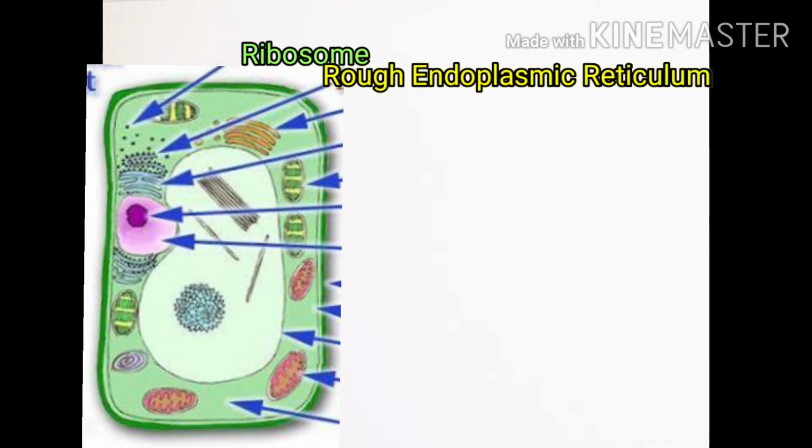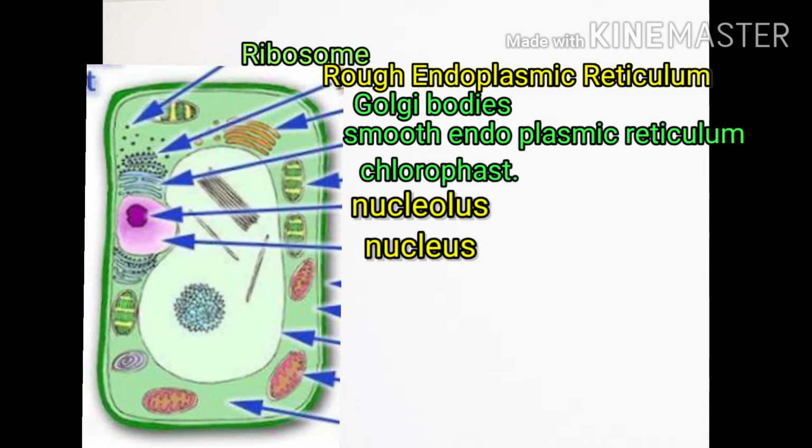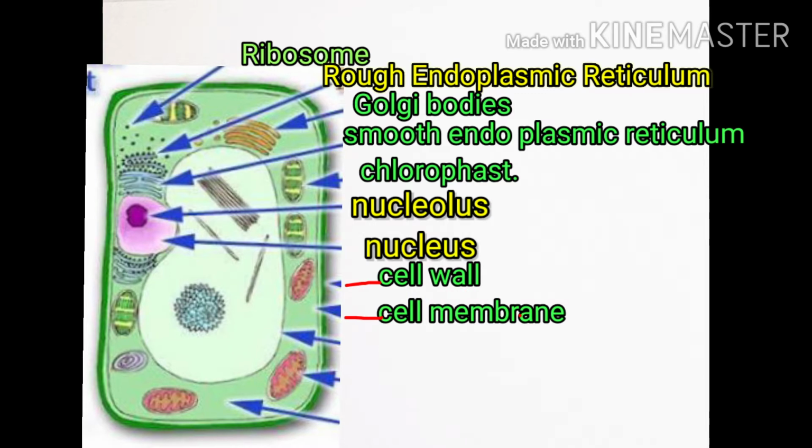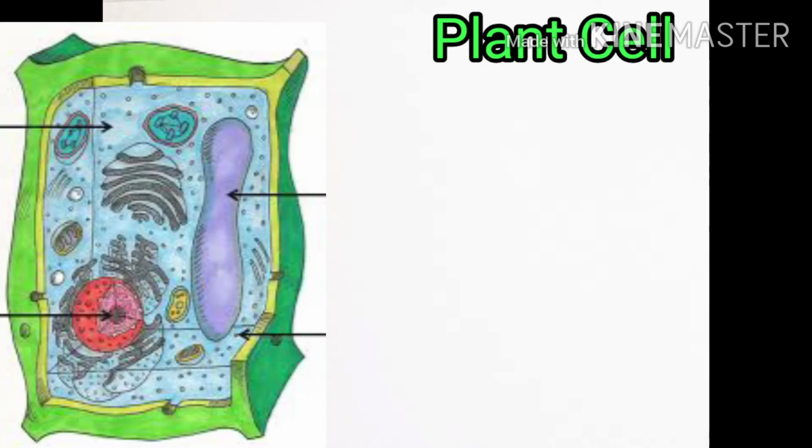A typical plant cell contains ribosome, rough endoplasmic reticulum, Golgi bodies, smooth endoplasmic reticulum, chloroplast, nucleolus, nucleus, cell wall, cell membrane, vacuole, mitochondrion and cytoplasm. Now I am going to discuss all the components of a plant cell one by one.